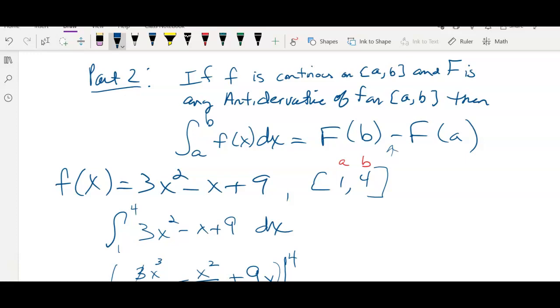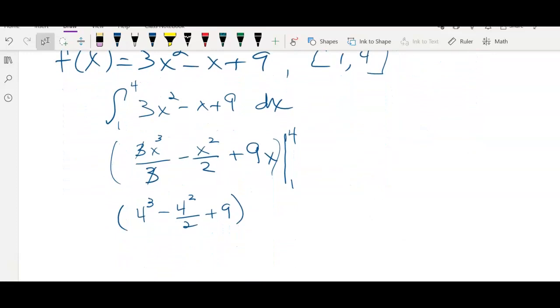Minus, and use parentheses, because honestly, this is where all the mistakes come from, not using parentheses on that second set. So now it's 1 cubed minus 1 over 2 plus 9 times 1.